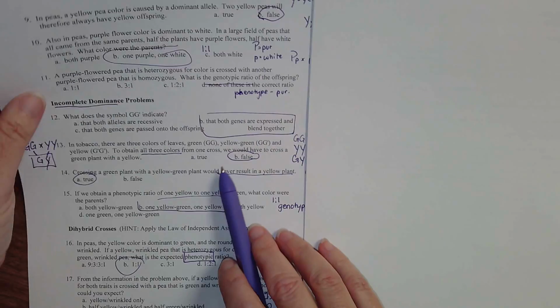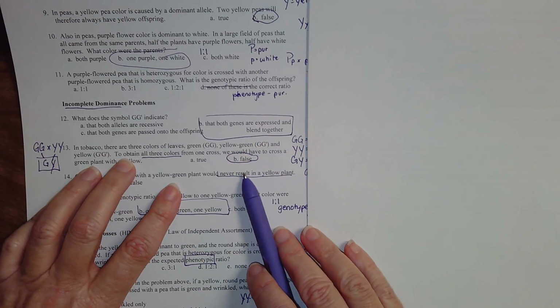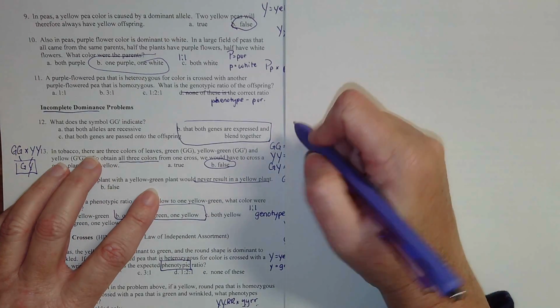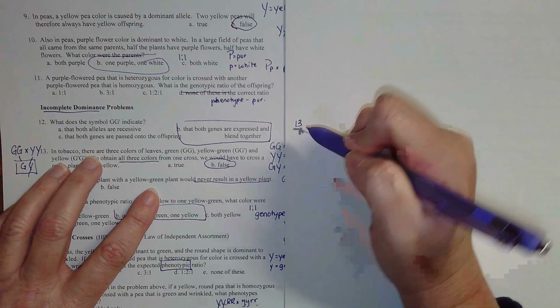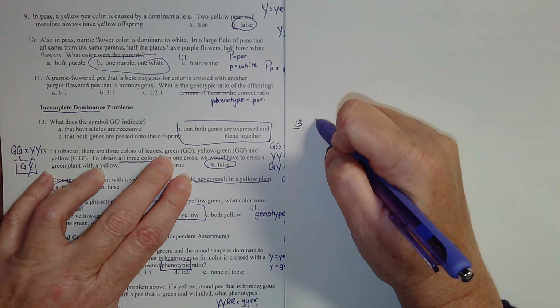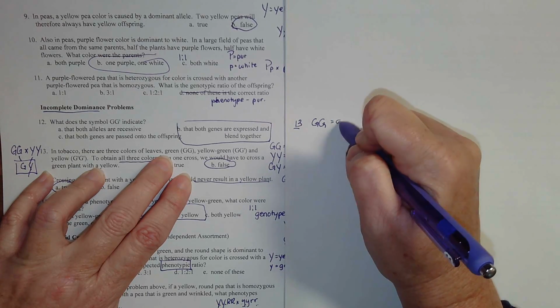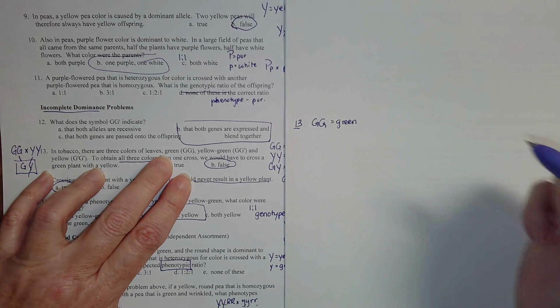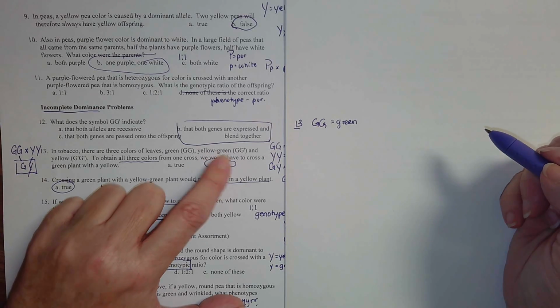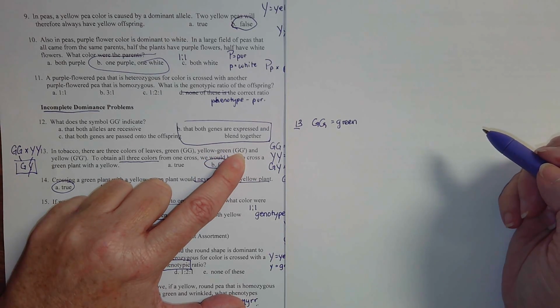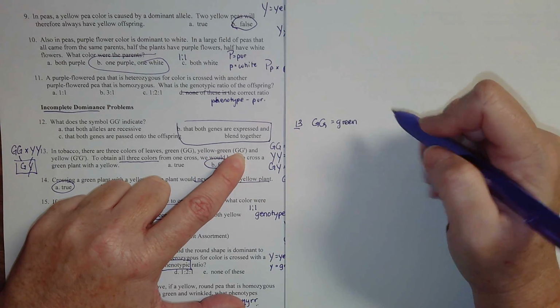In tobacco, so we're going to see an example of one of these problems, and I'm going to try to work them over here. So in tobacco, there are three colors of leaves. GG is green. Green-yellow or yellow-green is a mix. That's the heterozygous. But I don't do it as GG prime.